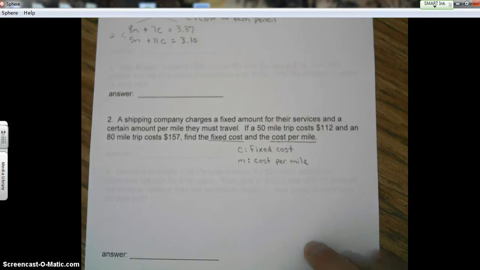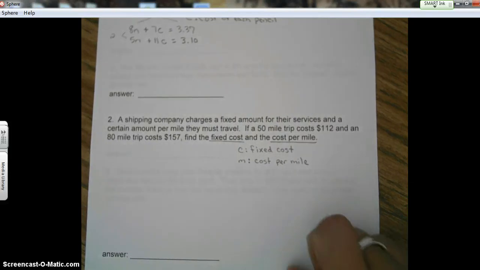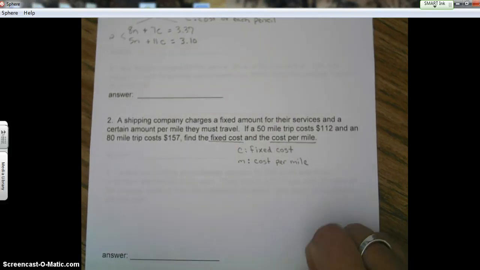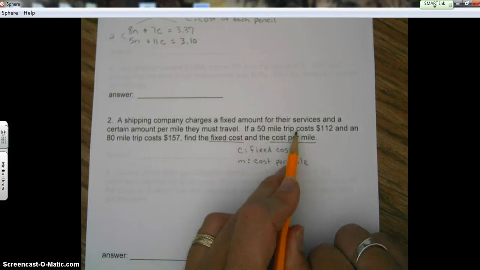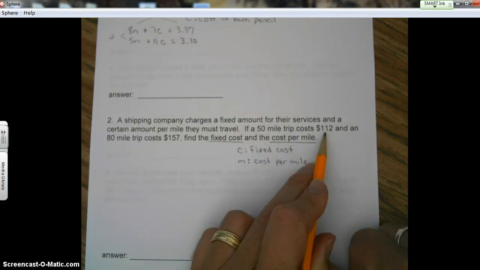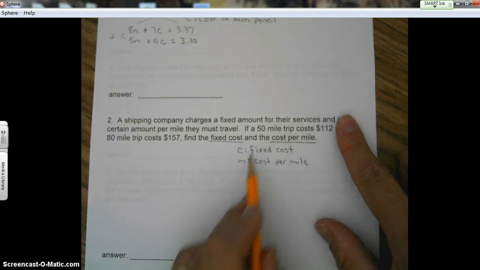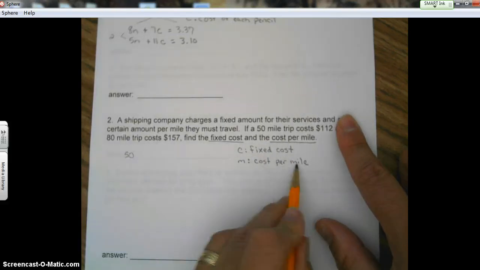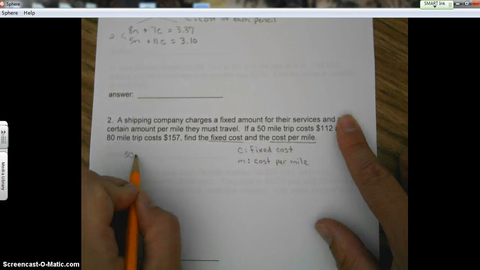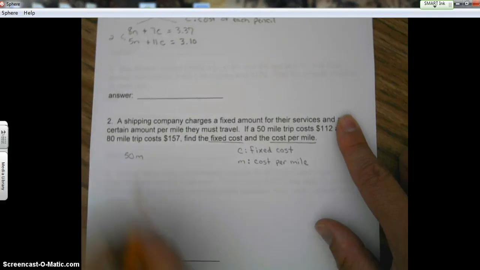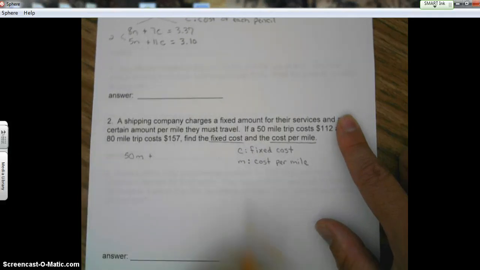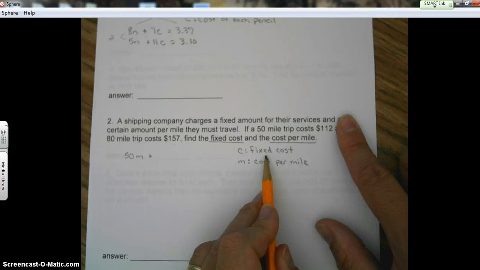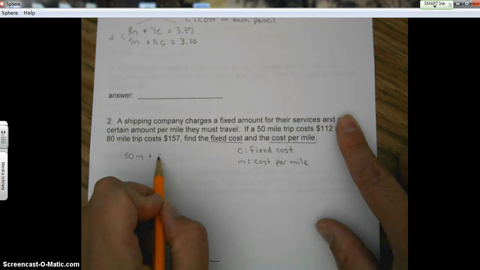Okay? Now, let's figure out what some of these equations are. It says it's a 50-mile trip. It costs $112. So we're going to have to take 50 miles times the cost per mile plus, and we don't know what this fixed cost is going to be, so this fixed amount, we're going to have to add that on.